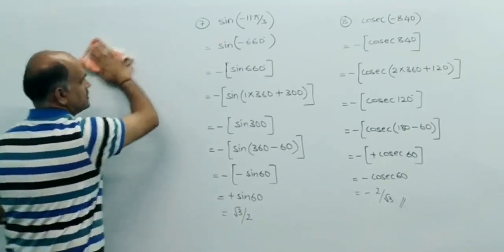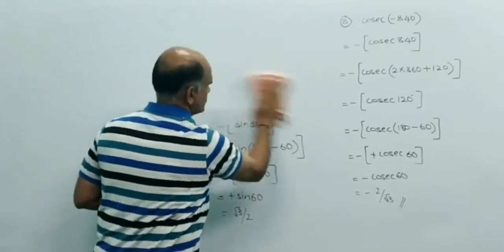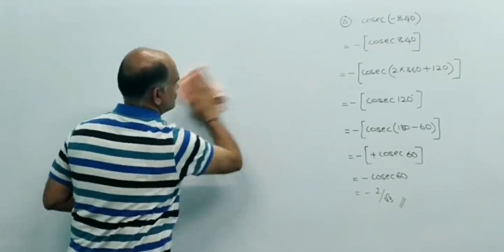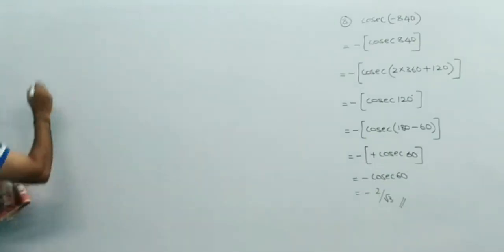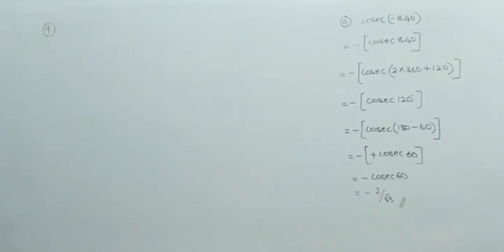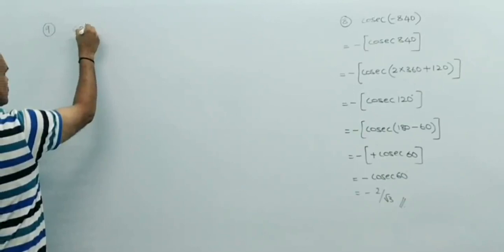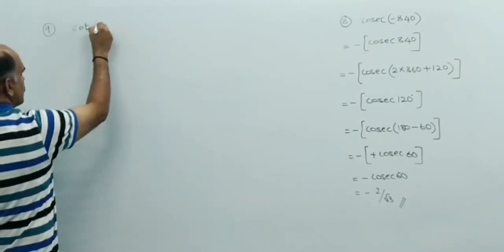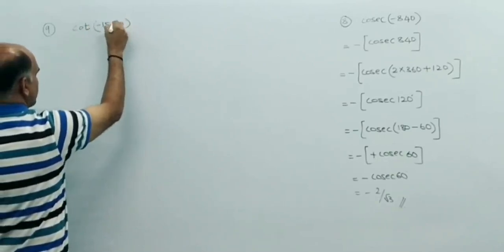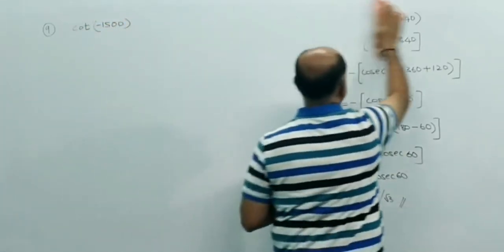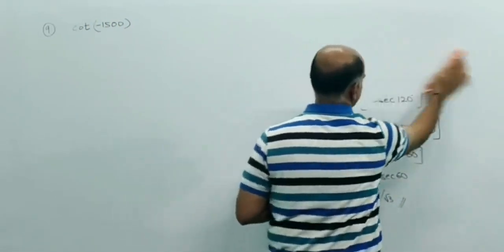Ninth one: cot of minus 1500. You can try, students.